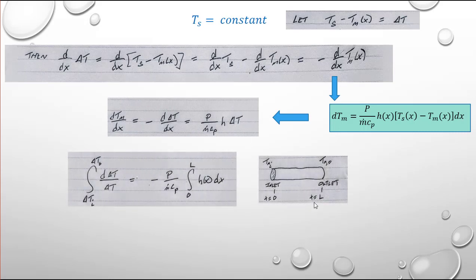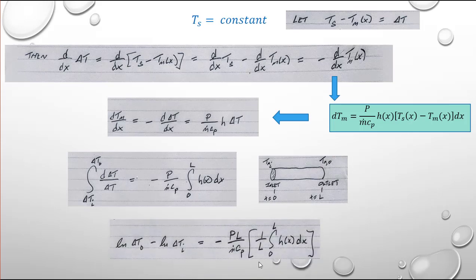We then separate variables and integrate the expression over the entire length of the tube, where Tmi is the mean temperature at the inlet and Tmo is the mean temperature at the outlet. We then evaluate these integrals, and at this step we multiply and divide by the full length of the tube.